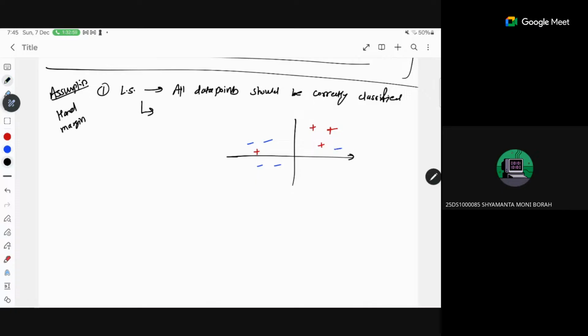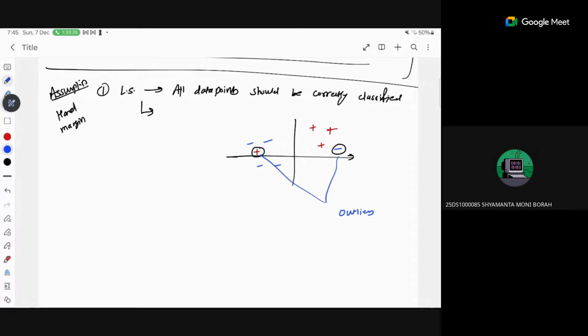So what are these points doing? They are not correctly classified, right? This will not work with the hard margin classifier, and we call these points outliers. So we should be able to do something with these points.